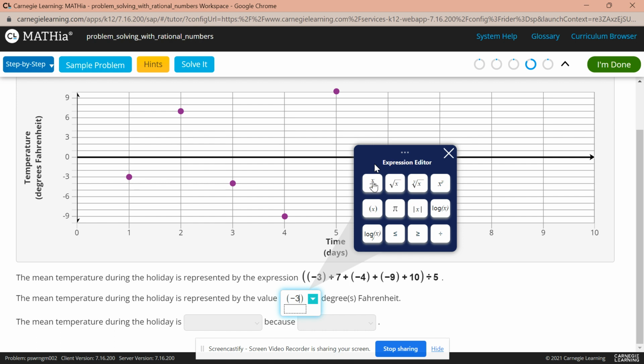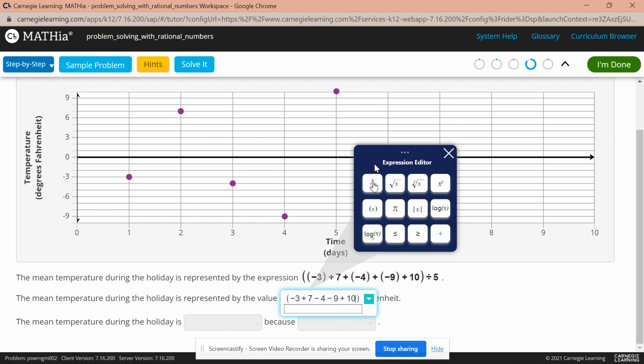So I have -3, right? I have a +7, -4. Then I have a -9. And I have a +10.